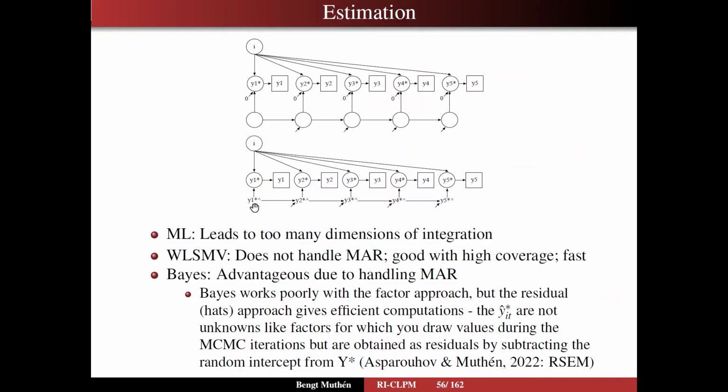So they're obtained as a remainder. And this is described in this Asparouhov-Muthén paper of 2022, which will appear in the SEM journal. So we're going to focus on the Bayes estimator in this talk. However, there are some models for which we have not yet developed Bayes, and then we will lean on the WSMV estimator.